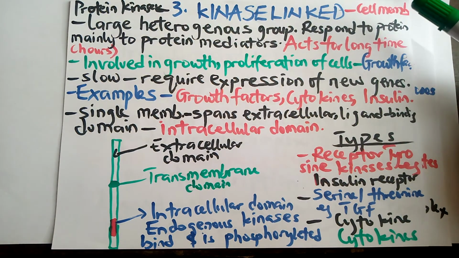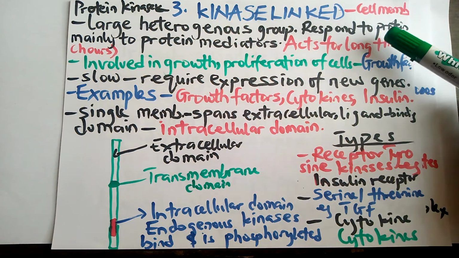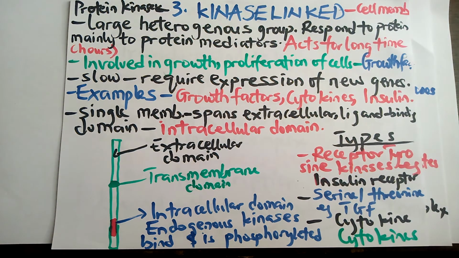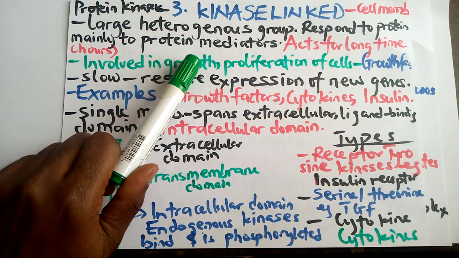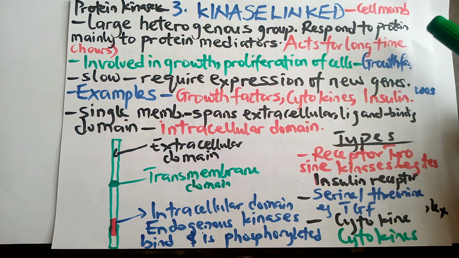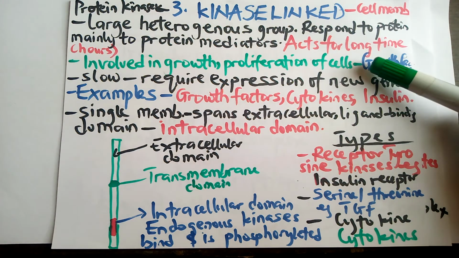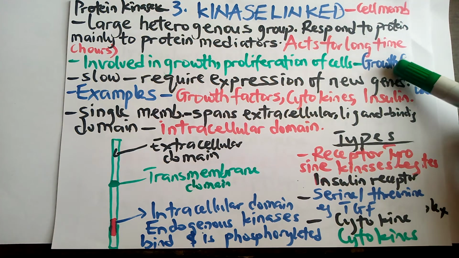Protein linked receptors, or kinase linked receptors, act for a very long time, and because they act for a very long time, they are usually involved in growth and cell proliferation.